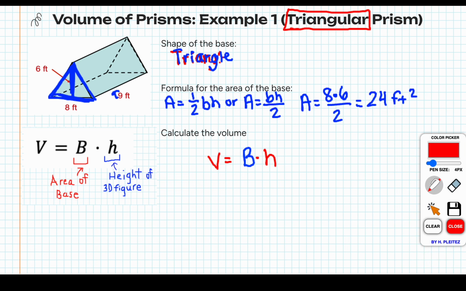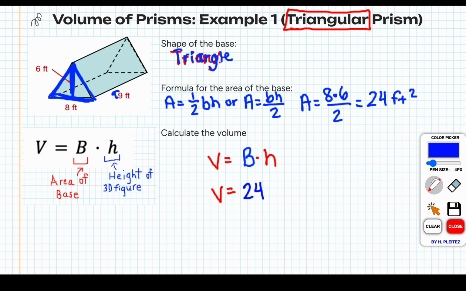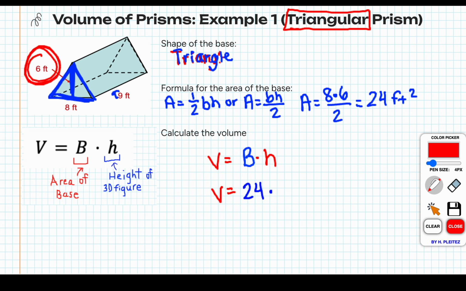So we can go ahead and actually start substituting. So V equals our capital B, our area of our base was 24 times. Now we need the height of our prism. Now, some people will say, hey, 6 is the height of our prism. No, 6 is the height of your triangle here. The height of the prism is this extra dimension down here. It's kind of like what's making it 3D. So the height of your prism is not 6.